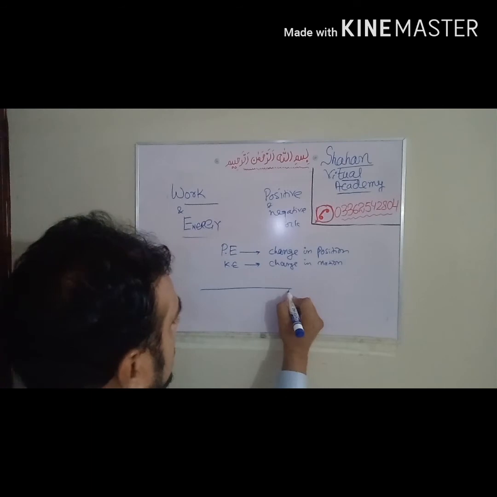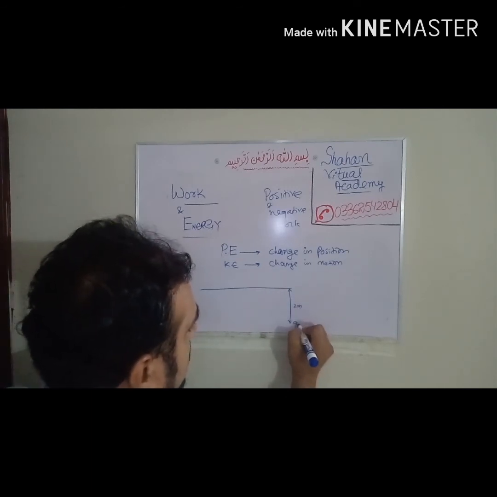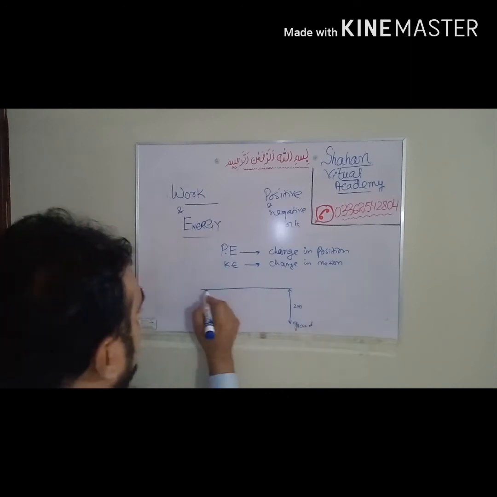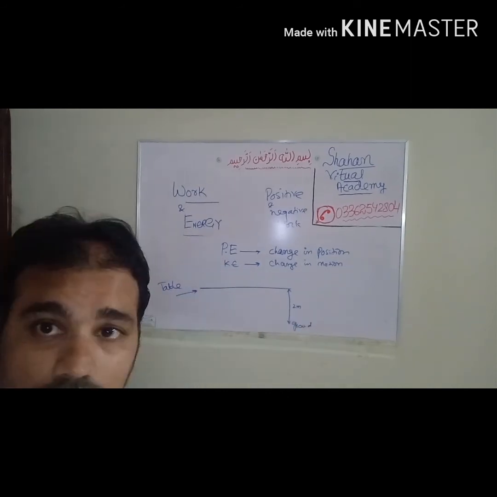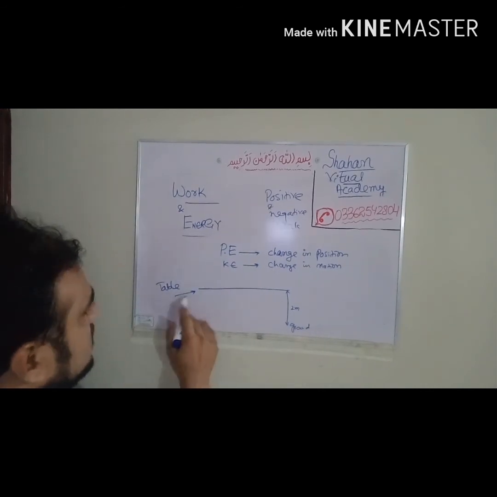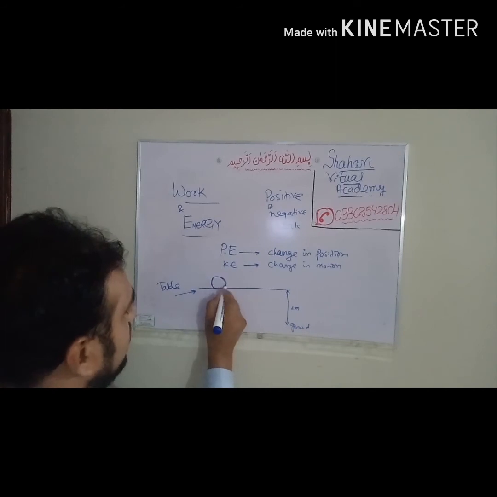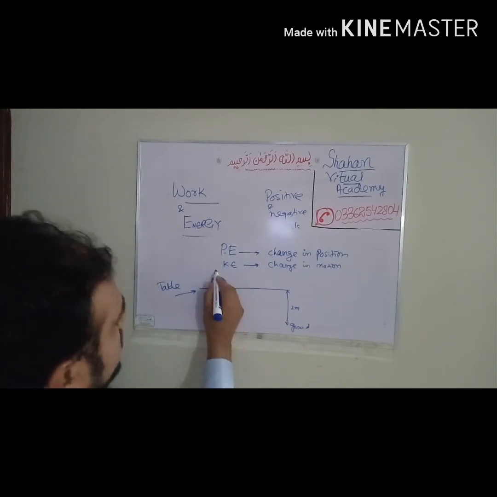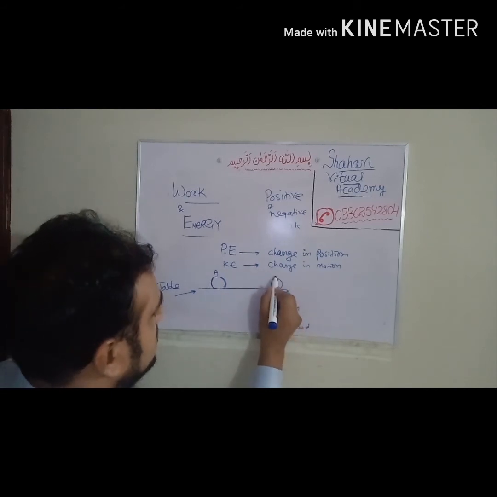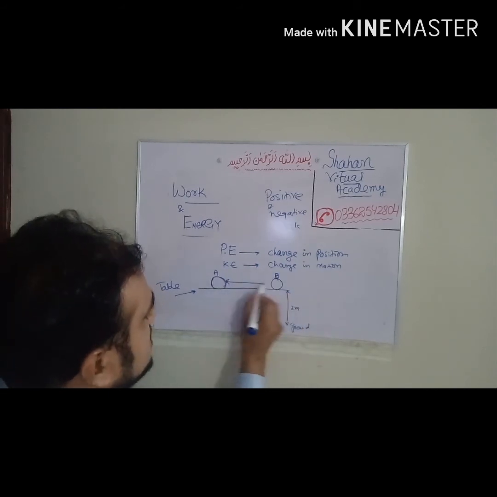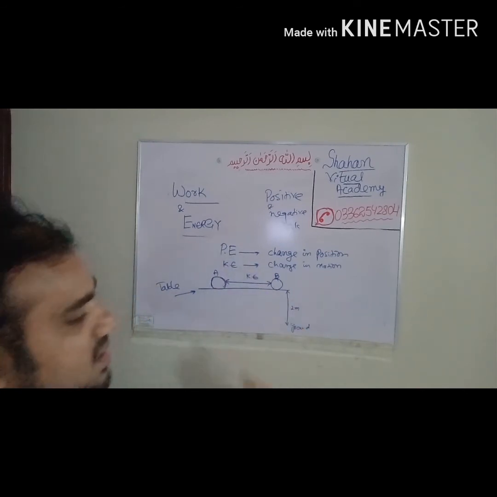Let's suppose there is a table at a height of 2 meters from the ground, and a body is placed on the table. When we displace the body from position A to this position, kinetic energy is changed, but potential energy is conserved.